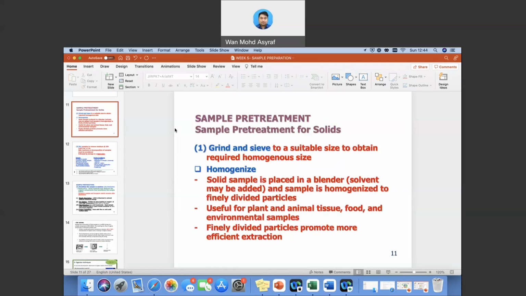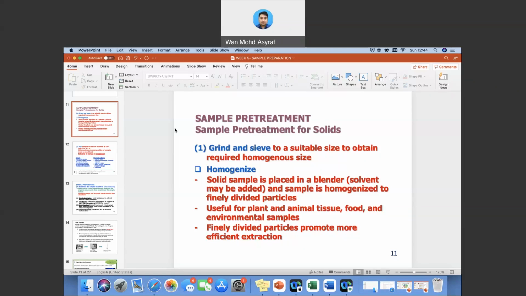Okay. And then in terms of homogenizing, the solid sample is placed in a blender with a solvent. For example, in the case of fish, you take the flesh of the fish, put it into the blender, put your solvent in, and the sample is homogenized into finely divided particles. This pretreatment is useful for plant or animal tissues in terms of food and environmental samples.